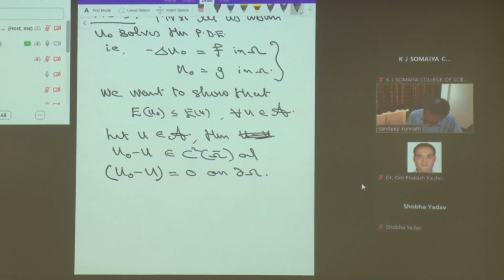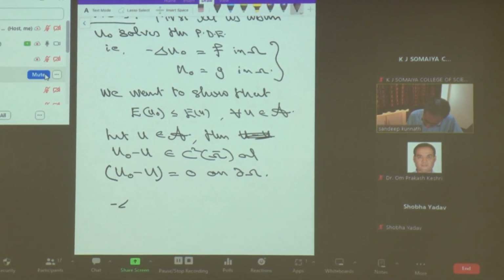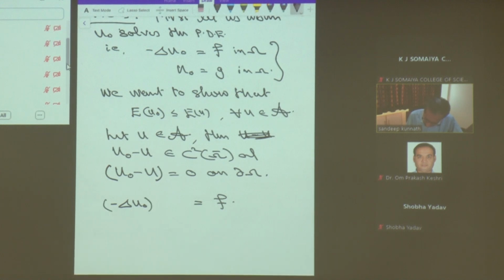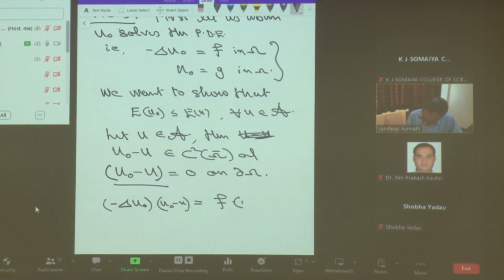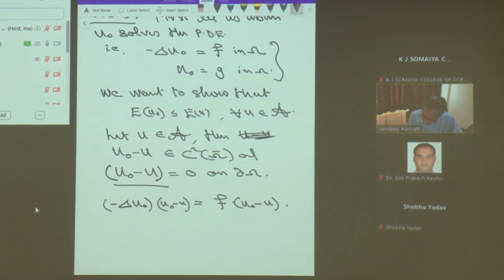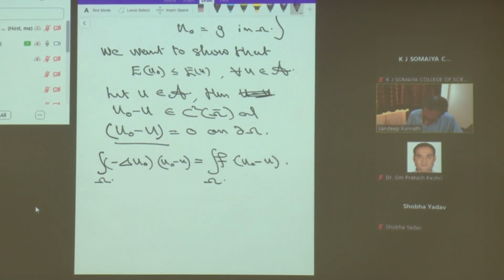Now I know that u naught satisfies the equation minus Laplacian of u naught is equal to f. Okay? So what I do is that I am going to multiply this with this quantity u naught minus u, and I will multiply the right hand side also with u naught minus u. Now after that I am going to integrate both sides over the domain. Now let us try to simplify this.